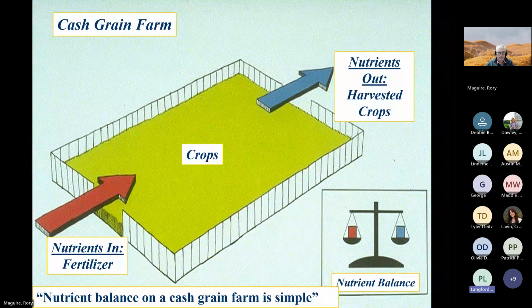And so I believe Dr. McGuire talked to you about this in the questions before, but this is kind of a demonstration of cash grain versus your dairy farm. And so this is a cash grain. It's your more simple or straight through flow system.